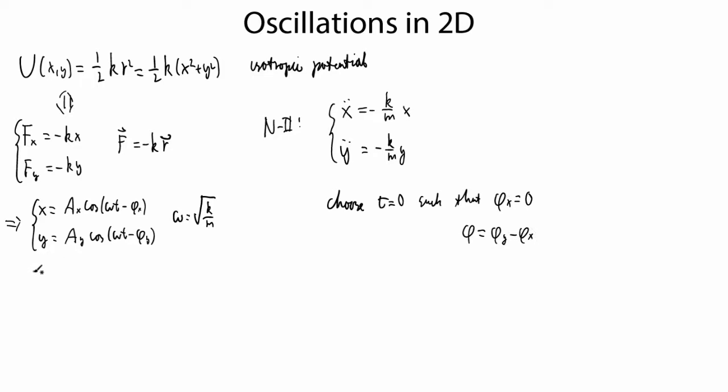And then to simplify slightly, we'll get that x equals a sub x times cosine of omega t, and y equals a sub y times cosine of omega t minus phi. So that's the most general solution in 2 dimensions for an isotropic potential, provided that we choose the origin of time such that x starts out at its turning point.